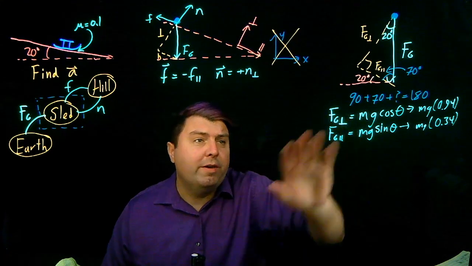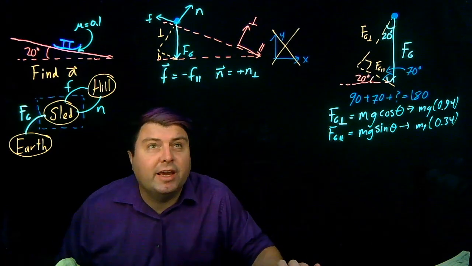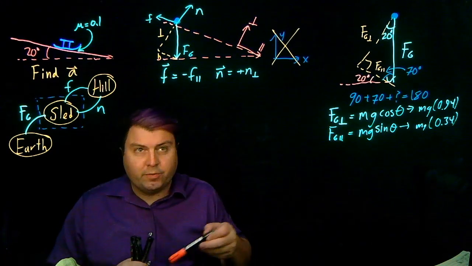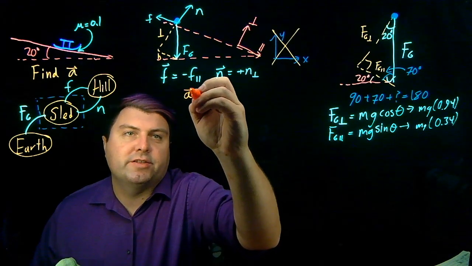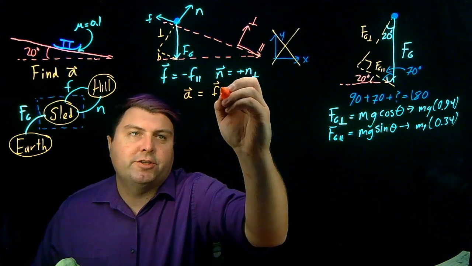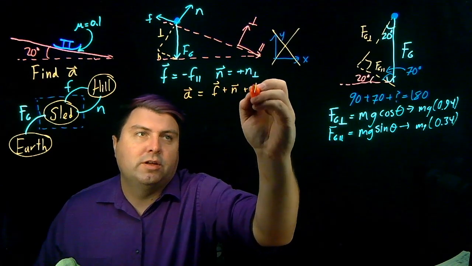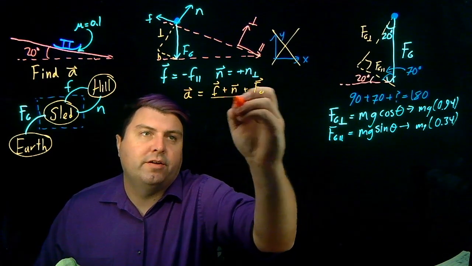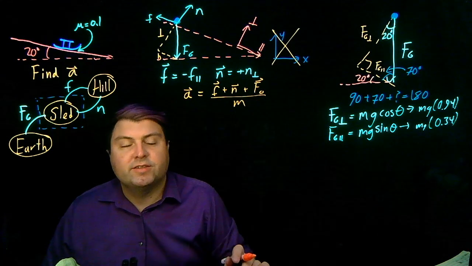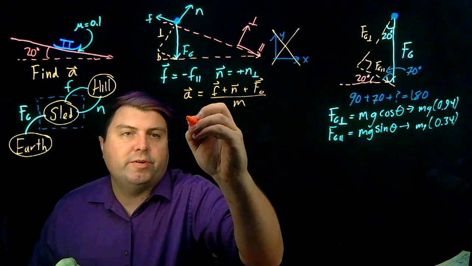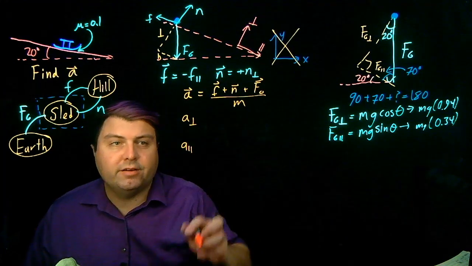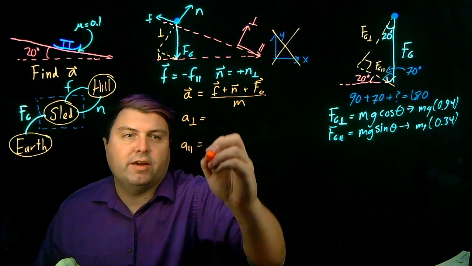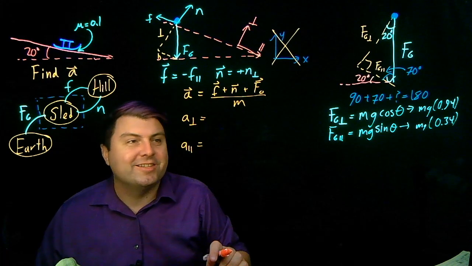So we've found this, and now we can do what we need to do with Newton's second law. Newton's second law says that our acceleration is going to be the friction plus the normal plus the force of gravity, over the mass. Then we can decompose into the perpendicular and parallel directions as opposed to x and y, and we'll show you why this is also very nice.